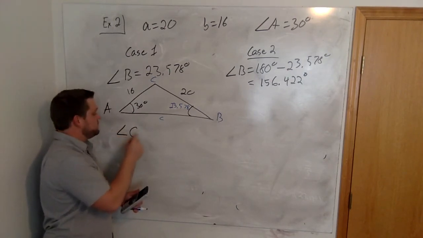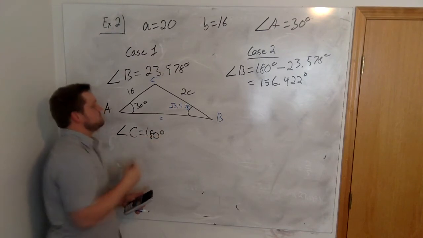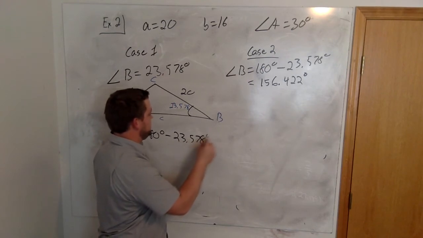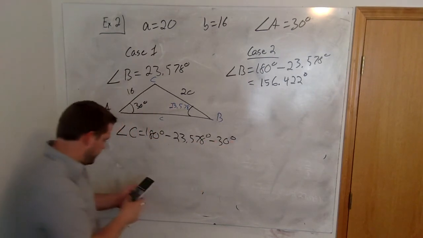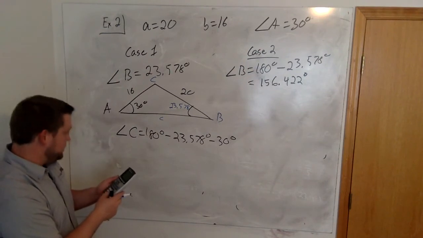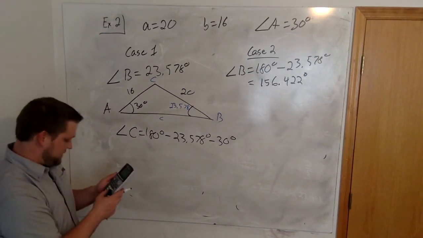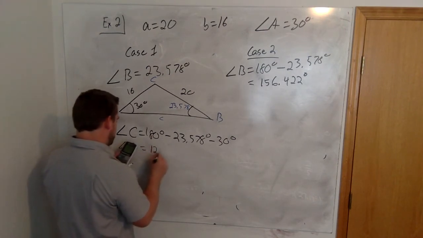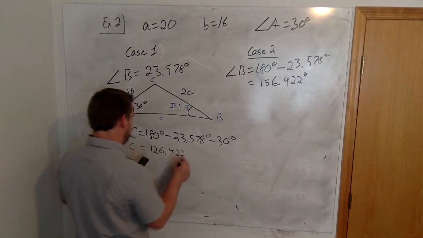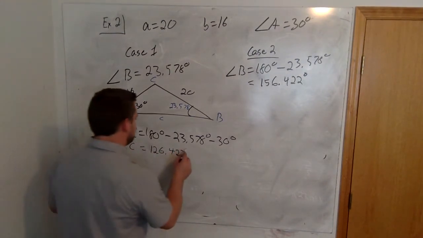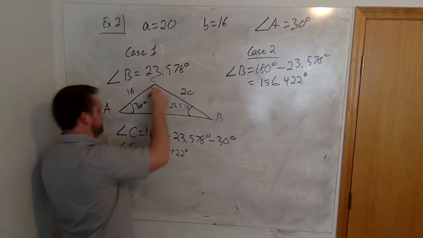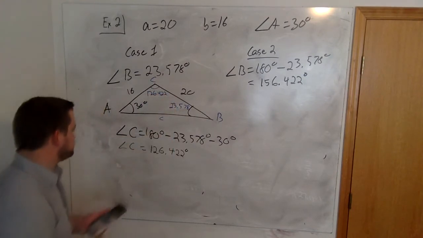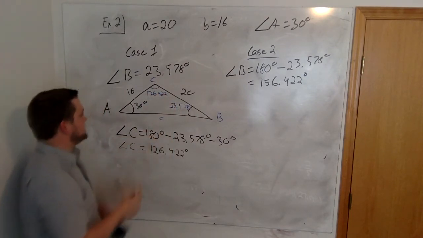Angle C would be 180 degrees minus 23.578 degrees minus 30 degrees. So I would get that angle C would be equal to 126.422 degrees. Sweet. So this angle here would be 126.422.